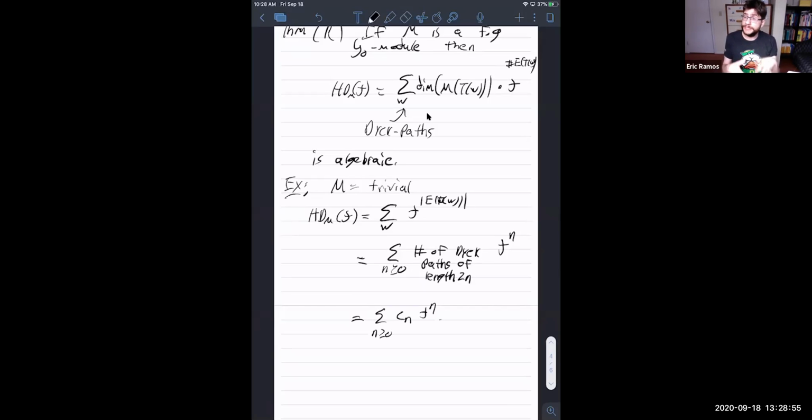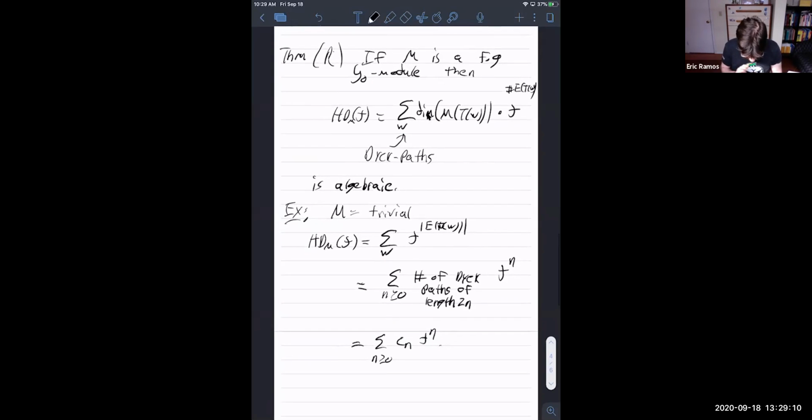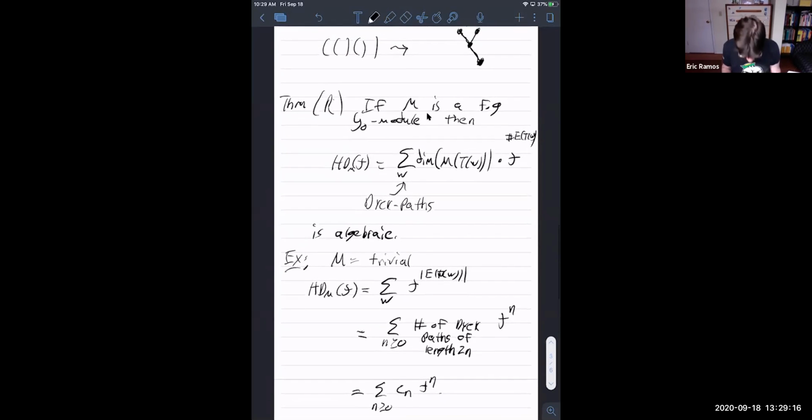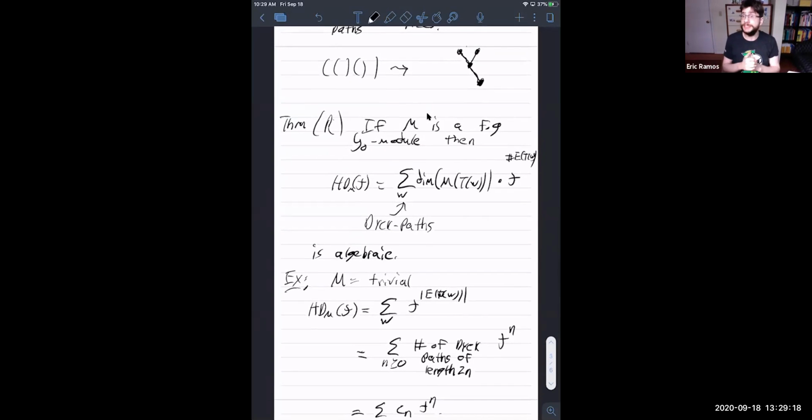So this theorem is a generalization of the very well-known fact that the generating function of the Catalan numbers is algebraic. Okay. So this is what I have to say with regards to Hilbert series in this category.